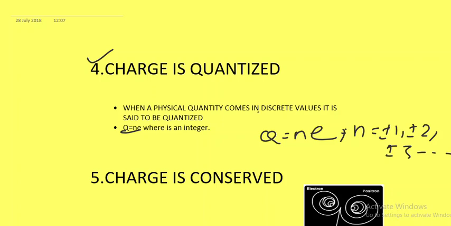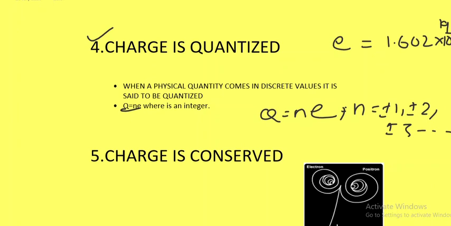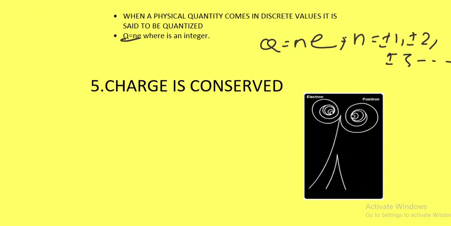And we have the charge on the electron e equal to 1.602 into 10 to the power minus 19 coulombs. And another property of the charge is that charge is conserved.